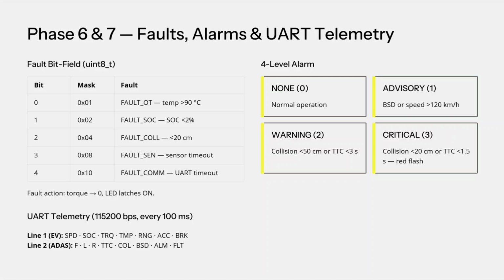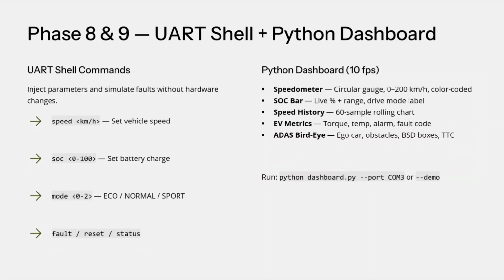I have explained this before also. Zero means normal operation. Advisory means if speed or blind spot, it will be okay, somewhat we can escape. Alarms will be advisory, and warnings will be too close. And then we have critical alarms also, different types of alarms to ensure safety.